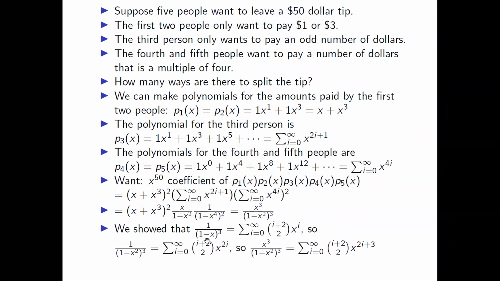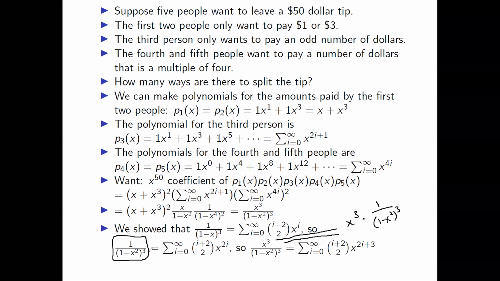Okay, and just one more part of a bullet. So now that we know the polynomial for 1 over (1 minus x squared) cubed, we can calculate the polynomial for x cubed over (1 minus x squared) cubed. And this is just equal to x cubed times 1 over (1 minus x squared) cubed.